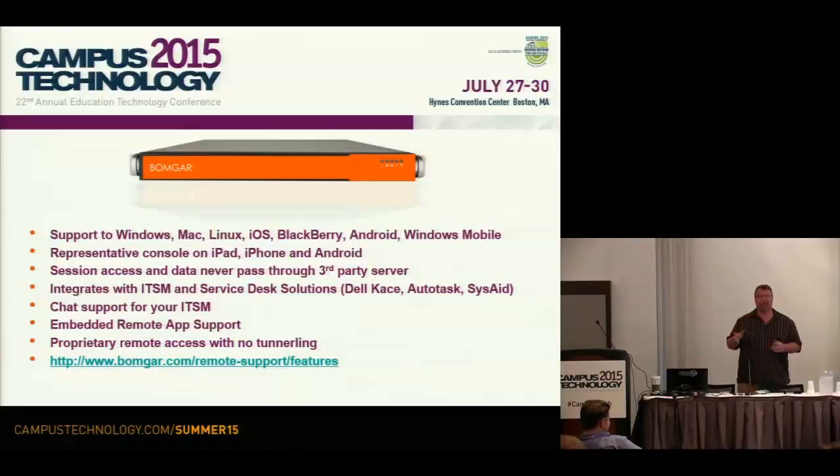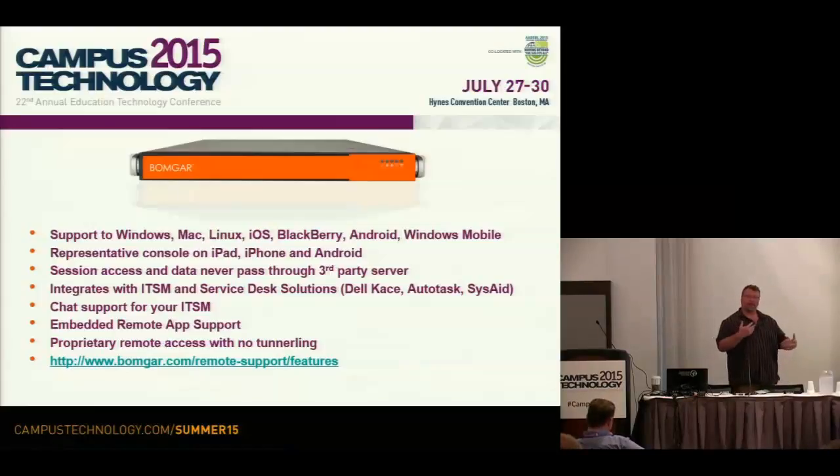Embedded remote support, remote app support. For those of you who are writing your own apps for Android, for Apple iOS, you can embed this into those applications. So if somebody calls and says, hey, I'm having issues with this application, you've got this embedded into it. You can watch that application in real time from Bomgar.